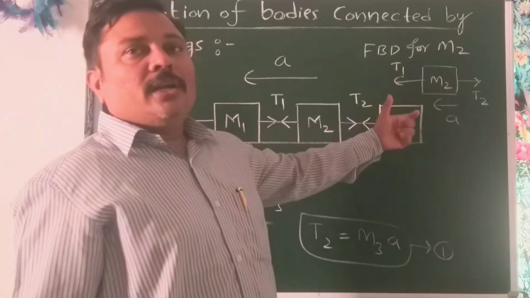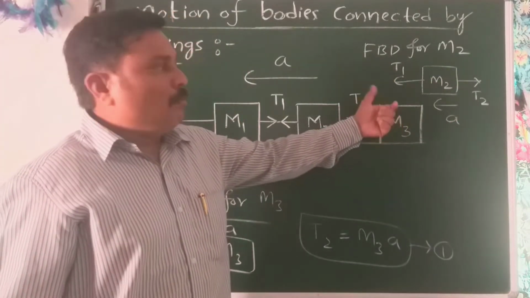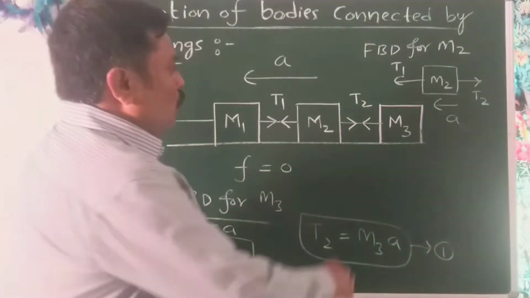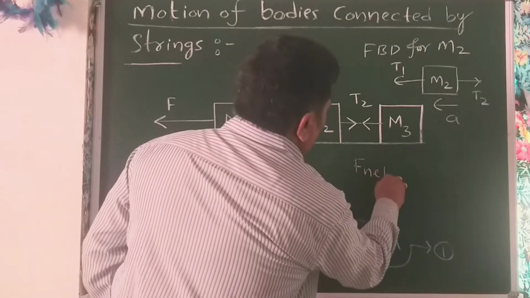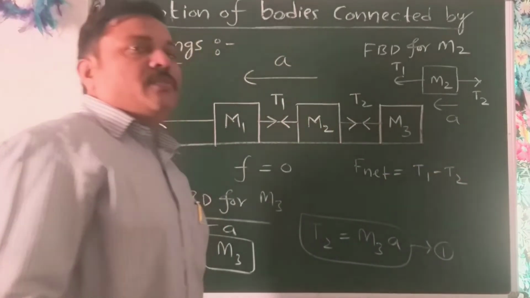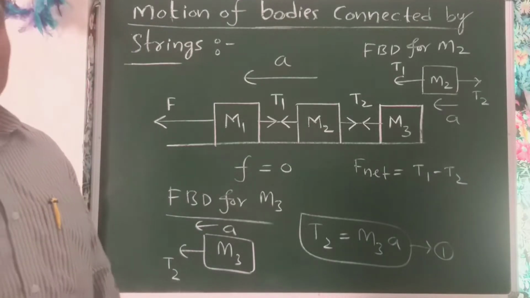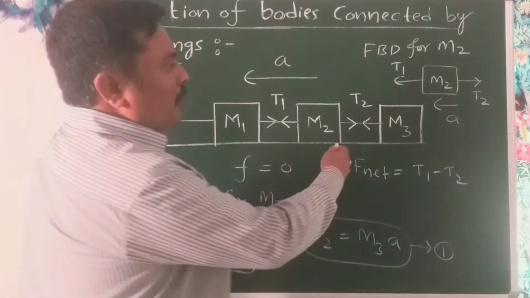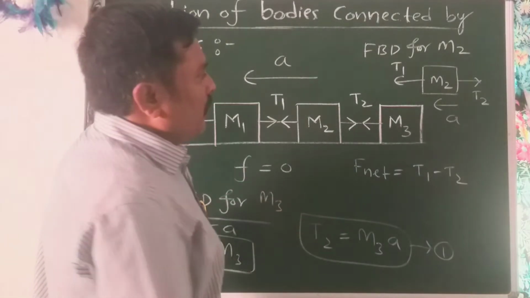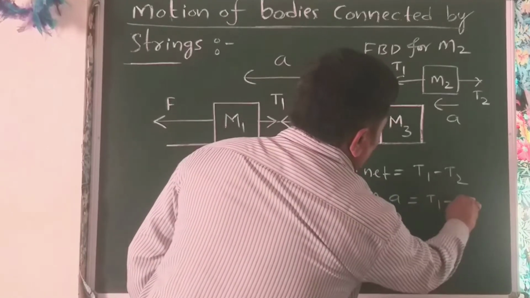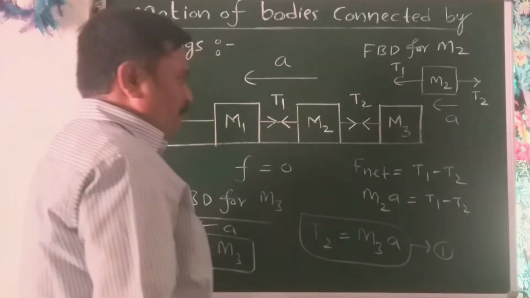So we write the expression for mass M2. The net force acting on mass M2, F net, is equal to T1 minus T2, because here T1 dominates T2 and the body is accelerated in the direction of T1. According to Newton's second law, F net, M2A, is equal to T1 minus T2.